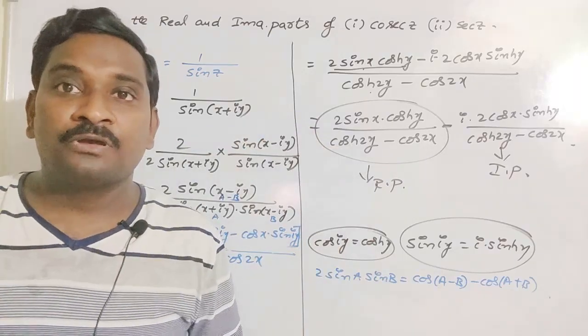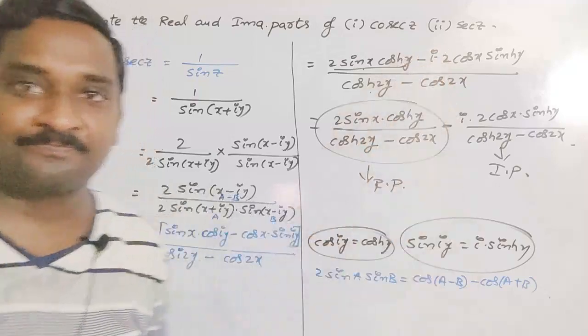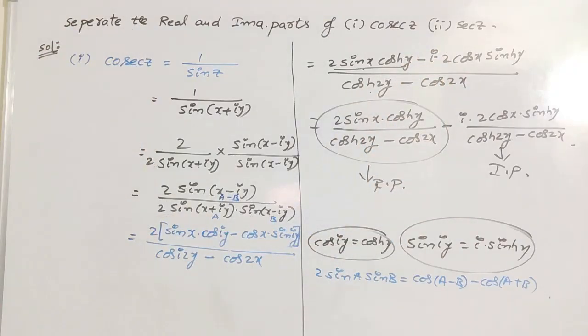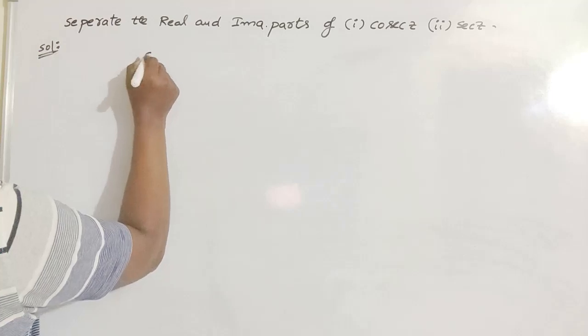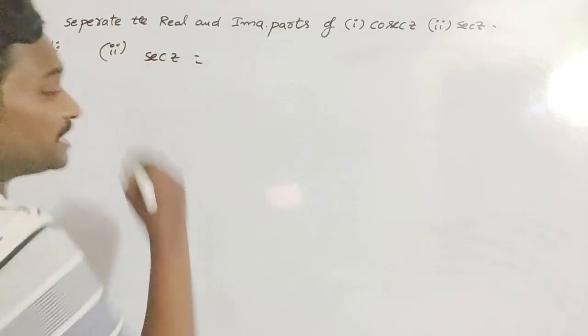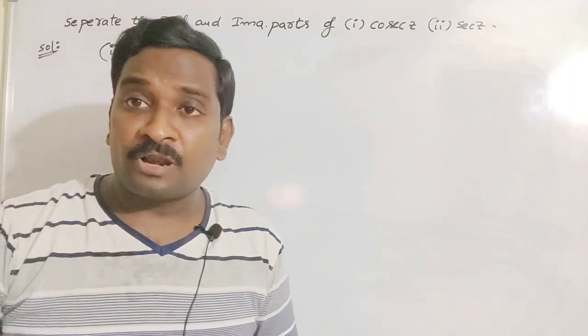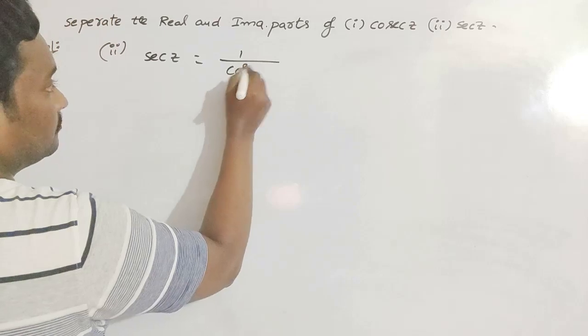Okay. Another problem is there, secant z. Please see. See the second one, secant z. Everybody knows that secant is the reciprocal of cos. That's why I will write secant z as 1 by cos z.